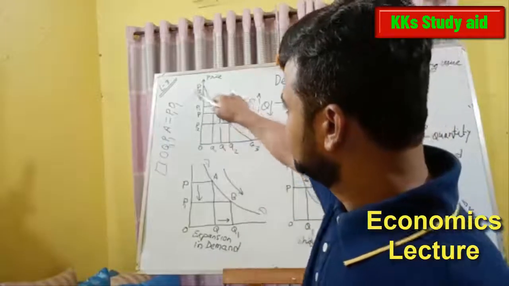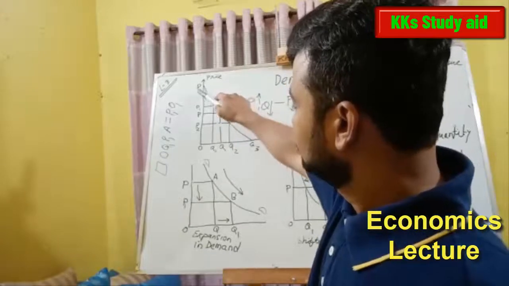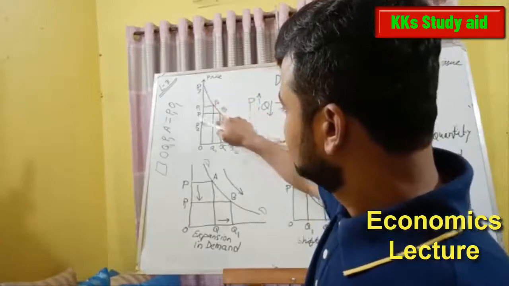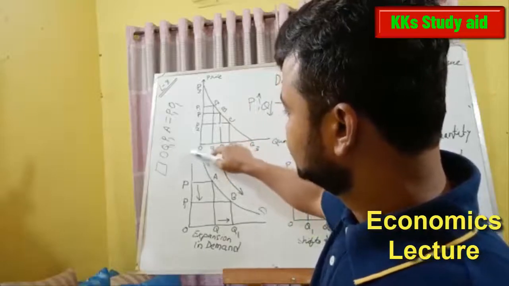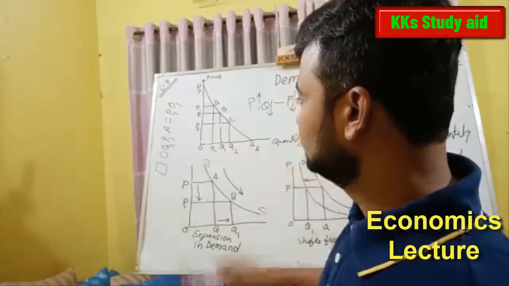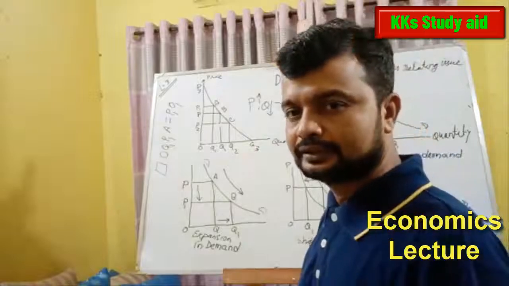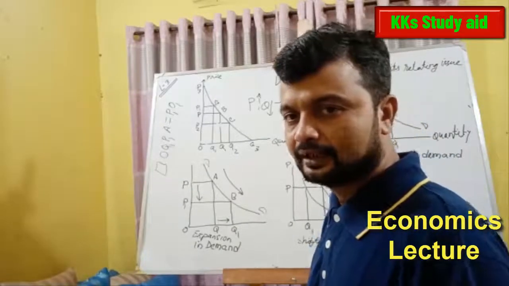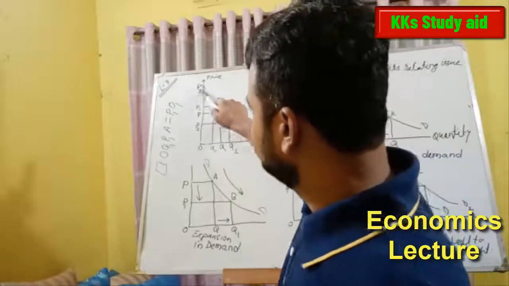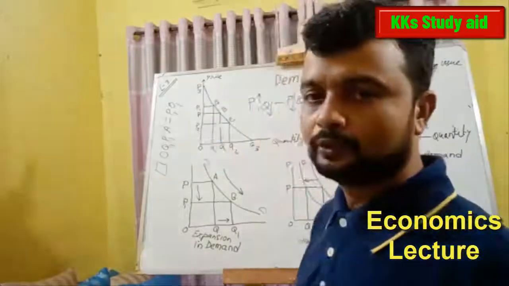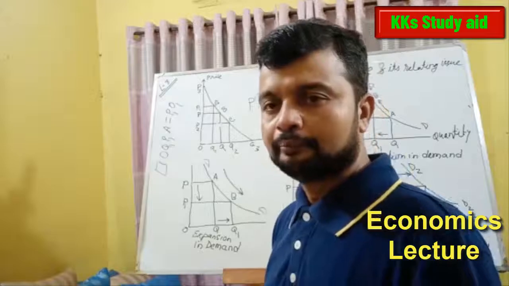Say P3 is the price when the quantity is 0. When the purchasing quantity is 0, or the demand for this commodity is 0, it means that at price P3 there will be no purchase at all. Why?